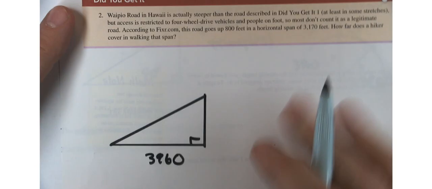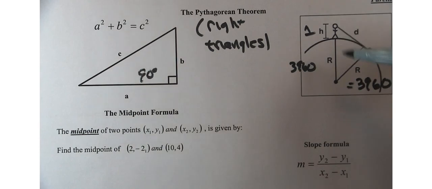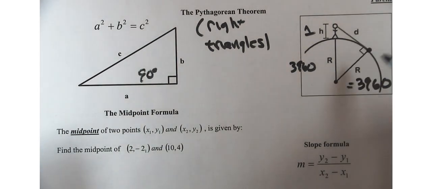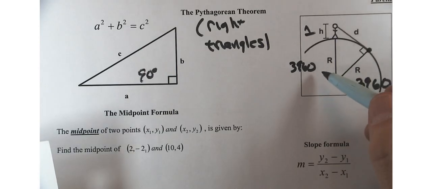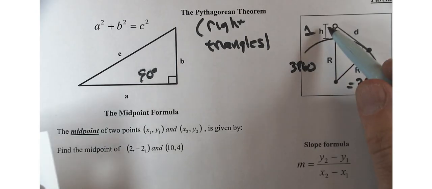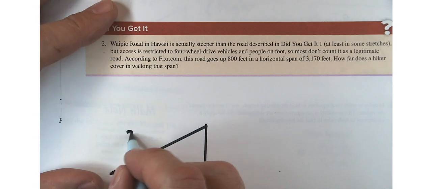And this distance, well, how far is that going to be? How far is my hypotenuse going to be? The side opposite my right angle. Yeah, that's the 3,960 plus that 1 extra mile for our airplane's height. So 3,961.